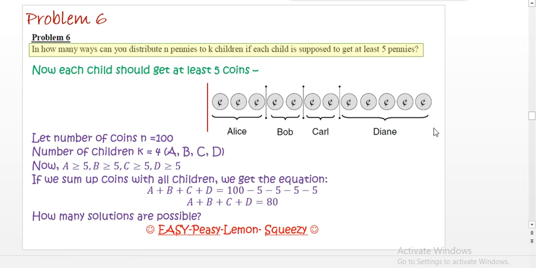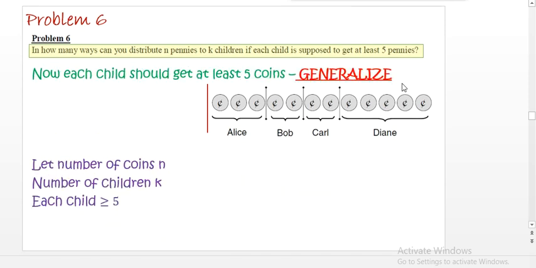We can now generalize our solution. We have n number of coins. Now n is not 100, n could be any number, and we have k children. K could be any number. Each child gets at least 5 coins. So among k children, to each child we give 5 coins in the beginning.